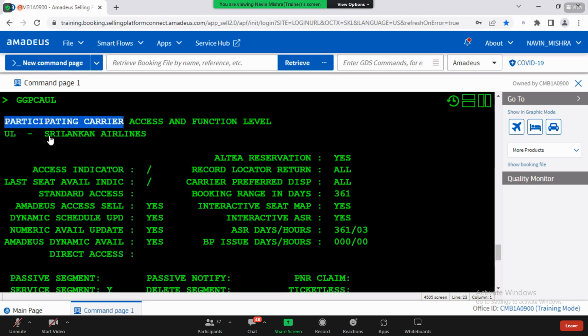That means Sri Lankan Airlines can be booked through Amadeus because it's a participating carrier. Now all of you understand how to find out which is participating and which is non-participating. What is the command to find out the participating carrier?